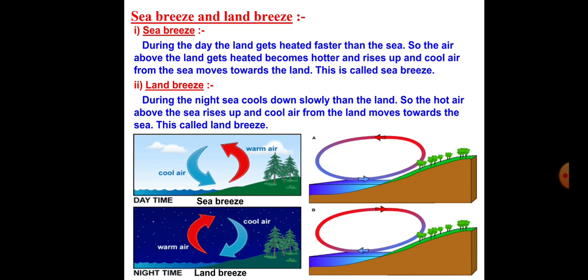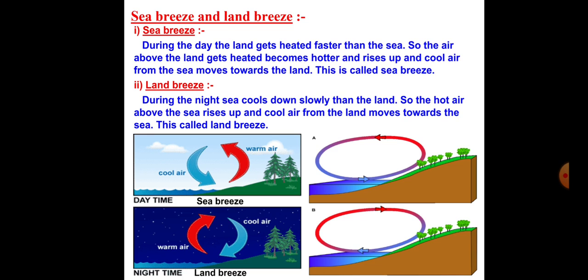During the day, the land gets heated faster than the sea. So the air above the land gets heated, becomes hotter and rises up, and cool air from the sea moves towards the land. This process is called sea breeze.